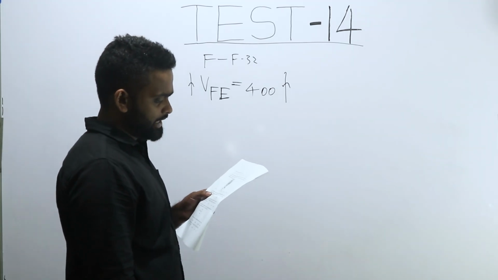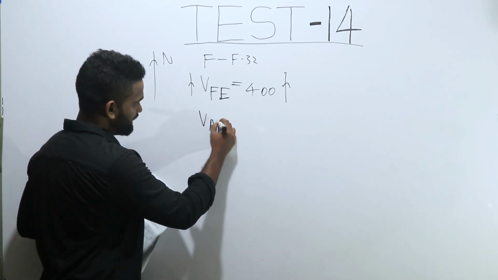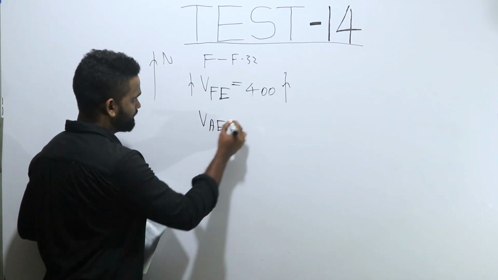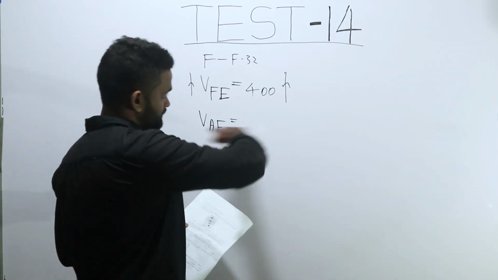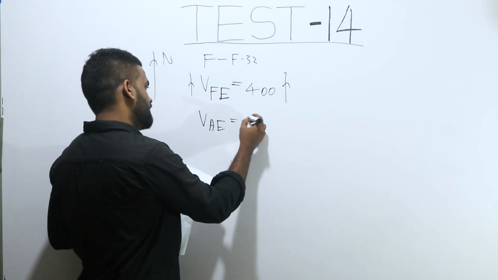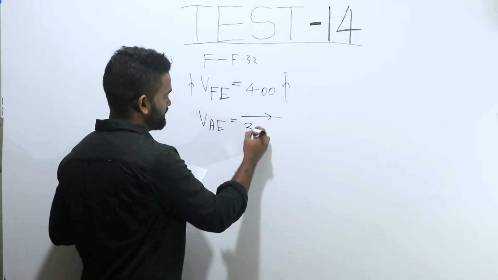Then the H-64 I'll take as capital A relative to Earth. So that is flying to west, so this is the west direction at 300 kilometers per hour.